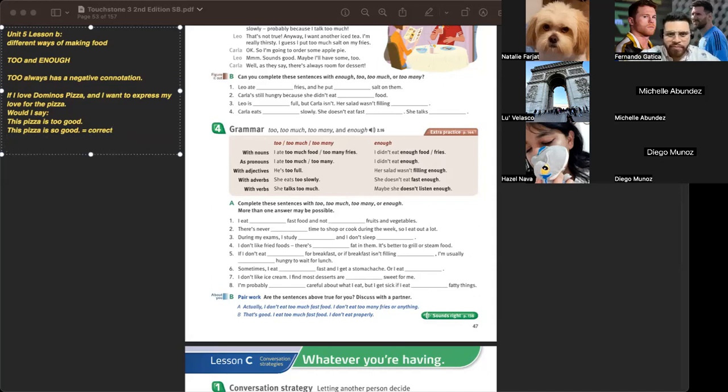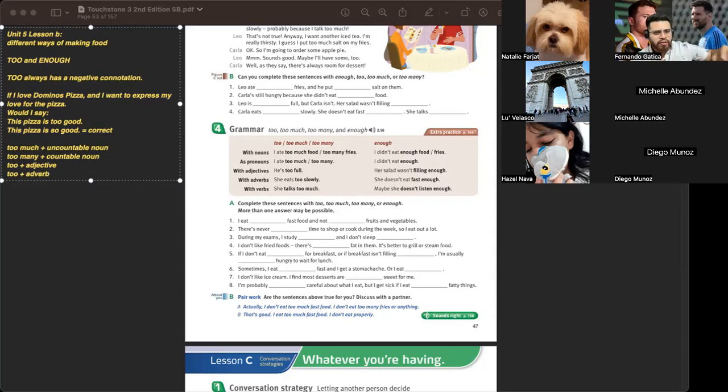Now, remember, too much plus uncountable. Too many plus something that's countable. Too plus an adjective. For example, too tall, too beautiful, too good, too amazing, too delicious. And you can use too plus an adverb.